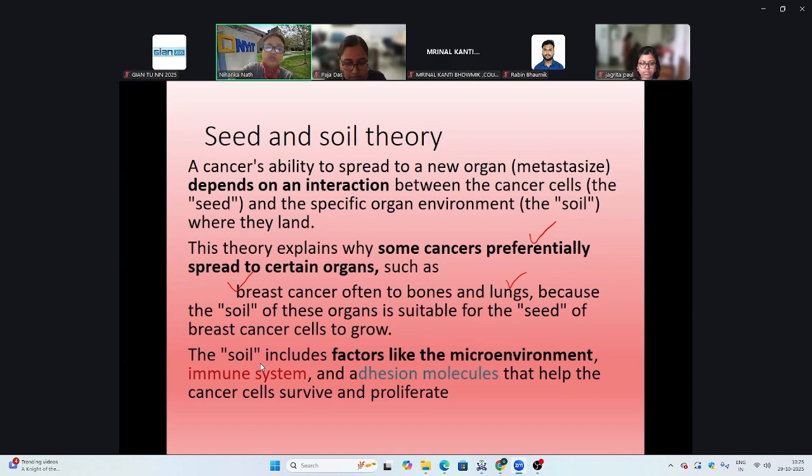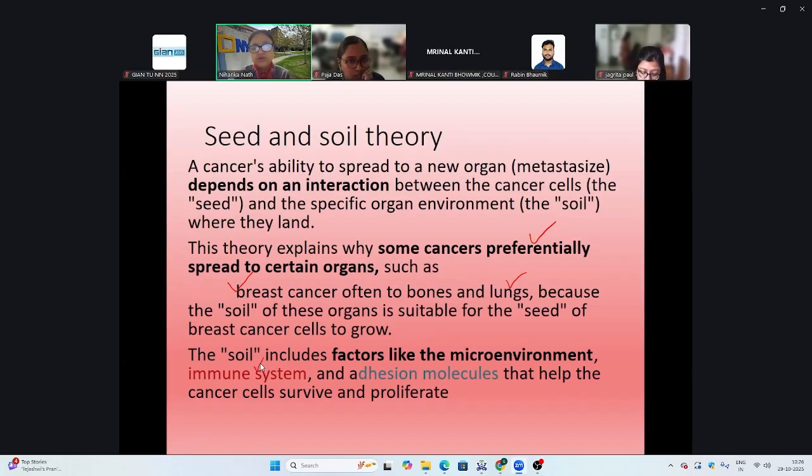All right, so the soil, which is that new organ or the new place where it will go, includes factors like the tumor microenvironment. So the microenvironment is not the tumor, but the microenvironment of the new location, and that microenvironment includes things like the immune system.